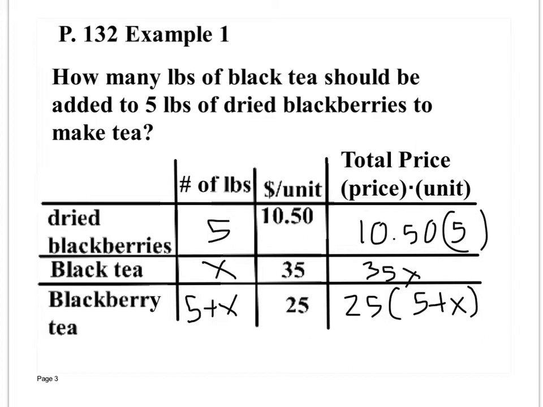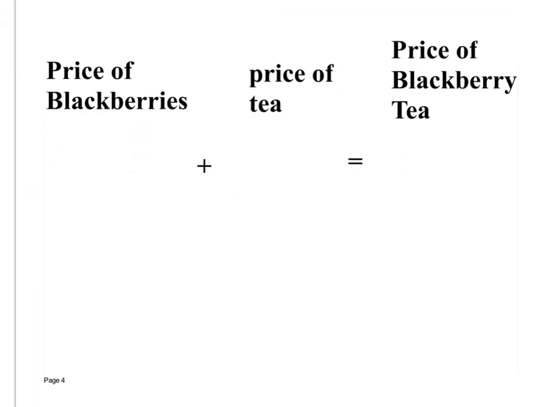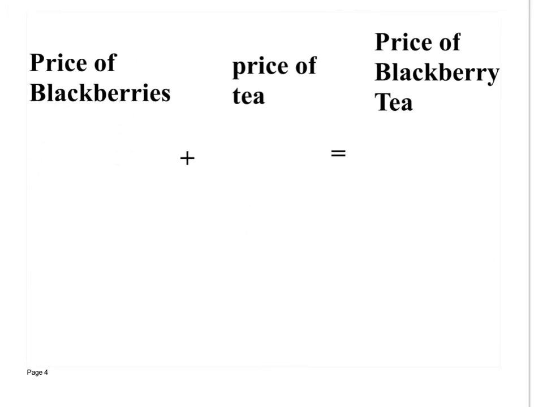Now what we can do is come up with an equation using this information to see how many pounds of black tea I need to add to the 5 pounds of dried blackberries to make this tea. So I write down my price of blackberries, which I know is my total price on the table, $10.50 times 5.